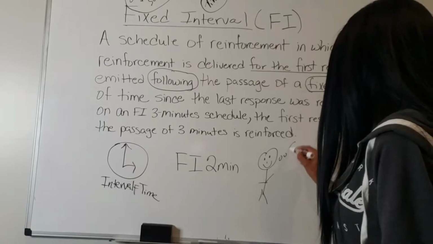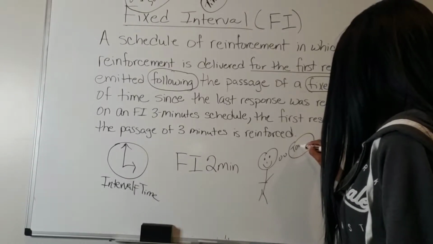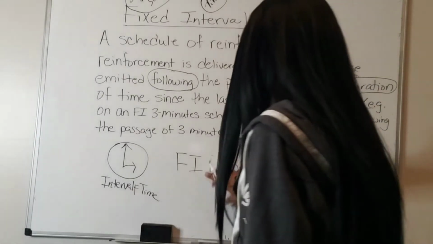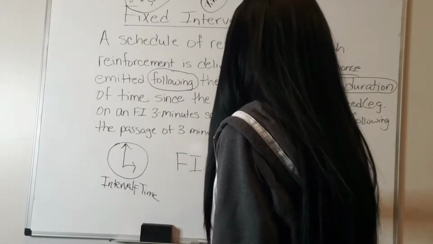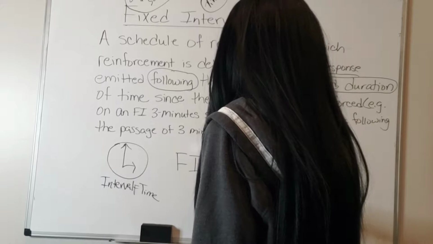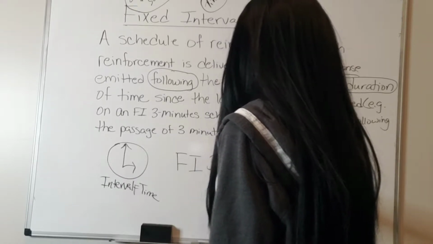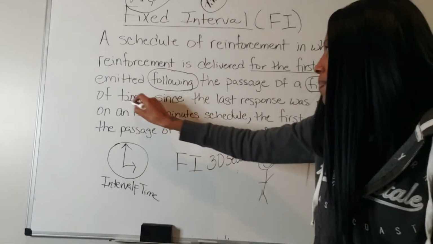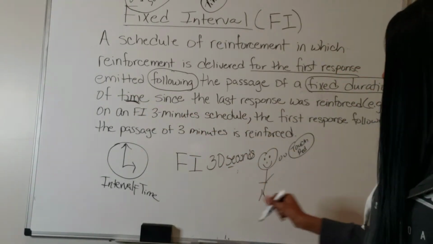And let's say that we're asking them to touch the red. And let's not do 2 minutes because that's kind of long to wait. Let's do an interval of 30 seconds. So we still got a fixed duration of time. Our time is 30 seconds.